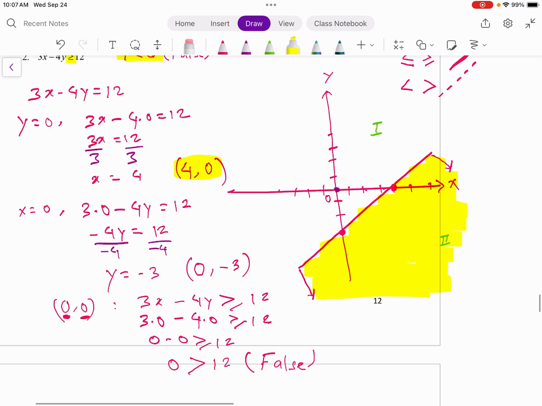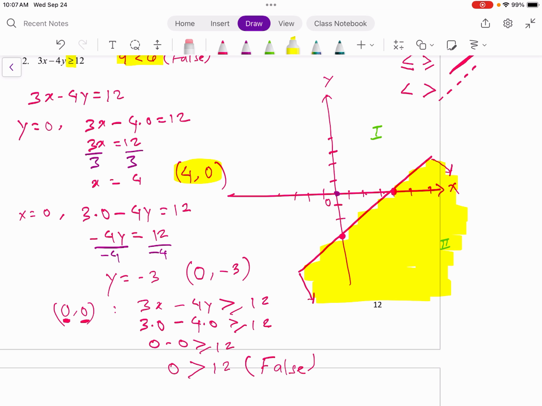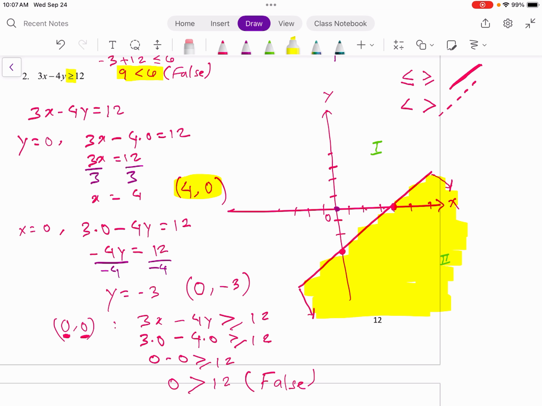Now, what does it mean to use a solid line here? Whenever we have equal to, we use a solid line, and when we have strictly less than or strictly greater than, we use a dotted line. Why are we using a solid line here?